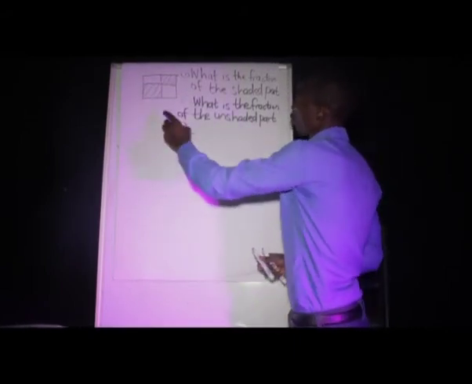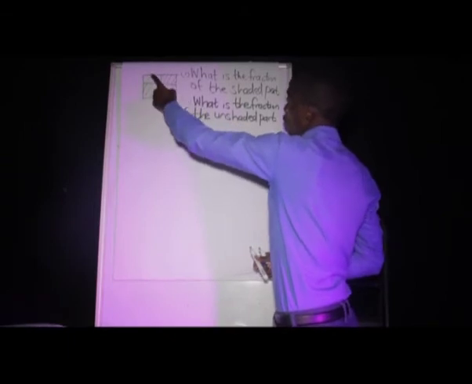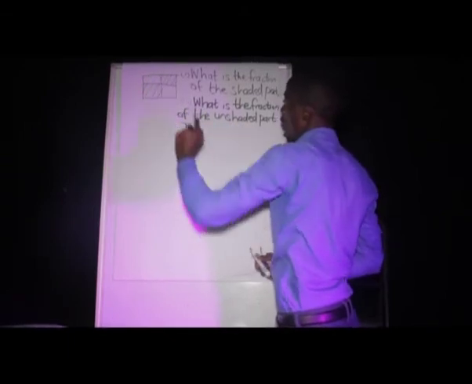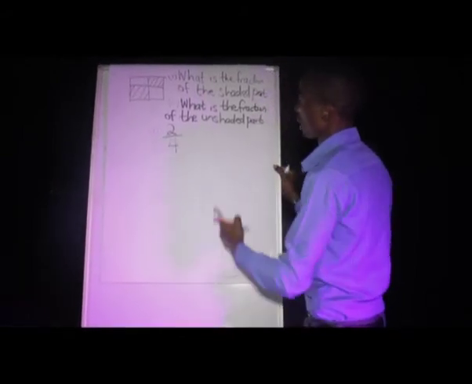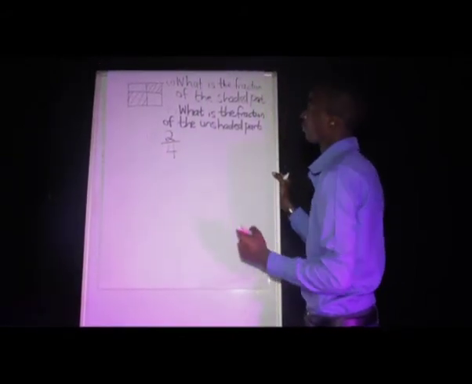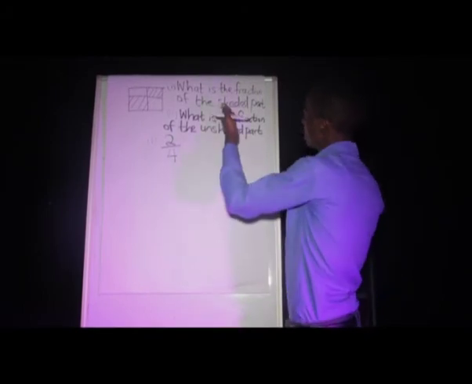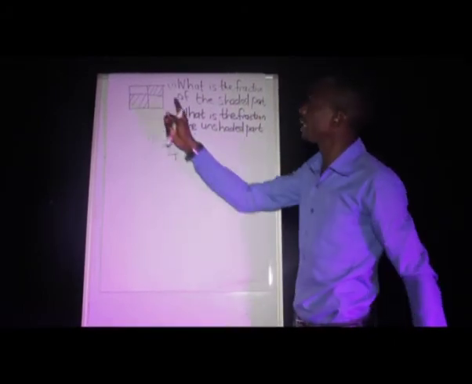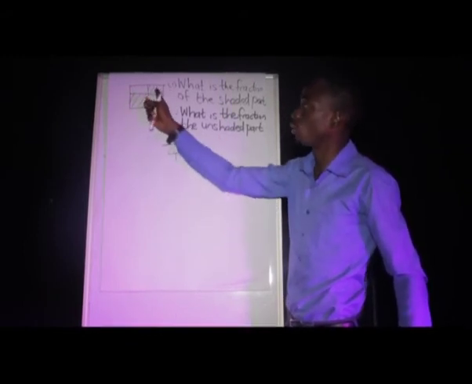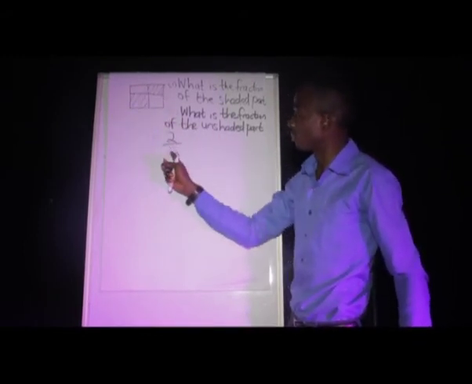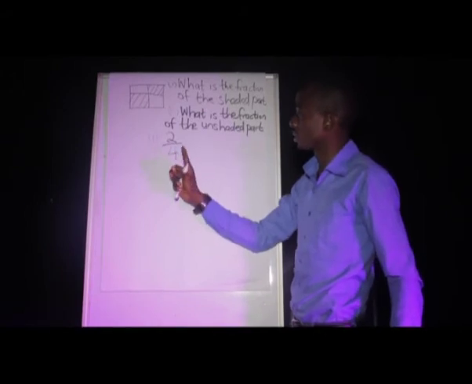So my denominator is going to be, I count the total number of boxes, 1, 2, 3, and 4. So my denominator in this case is going to be 4. So that is my fraction. 2 out of 4 becomes the fraction of the shaded part. In other words, how many squares out of the total number of squares have been shaded? We have seen that there are only 2 out of the total number of squares, which is 4.